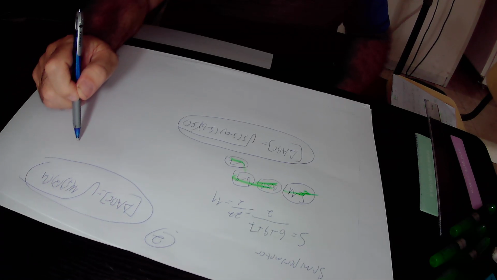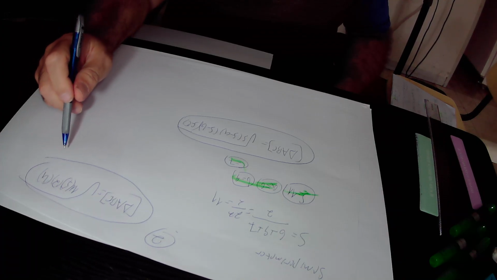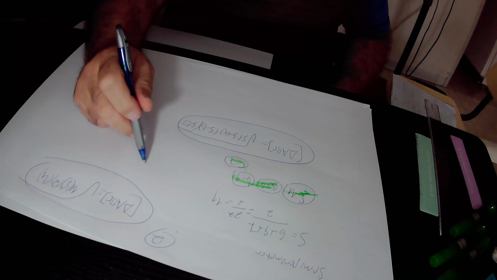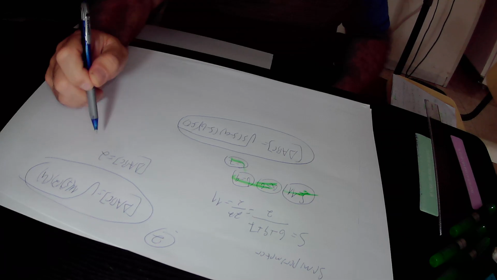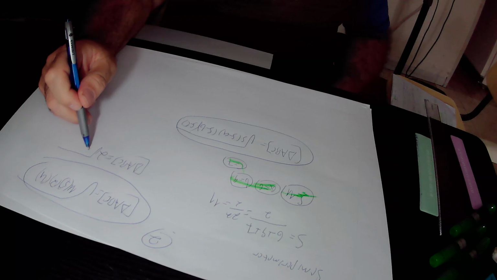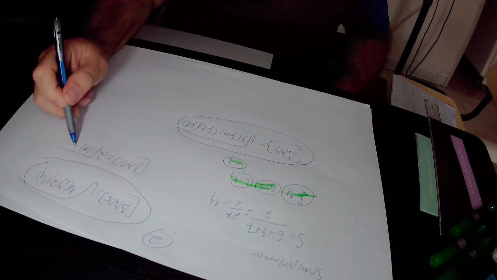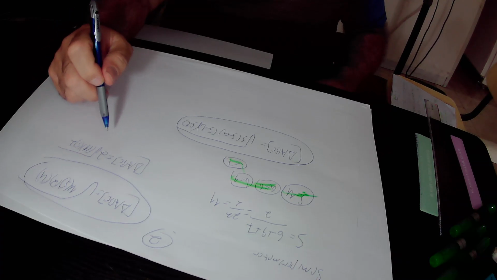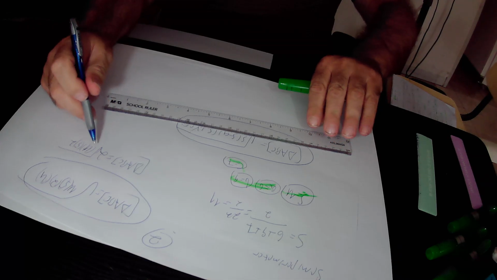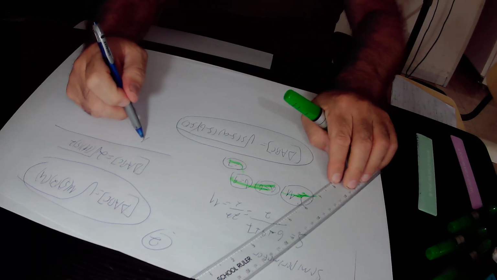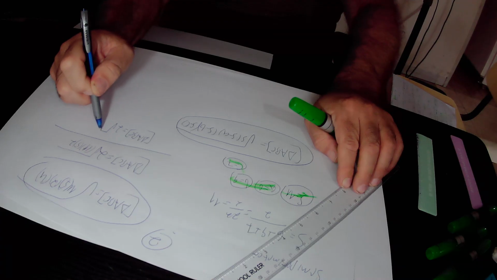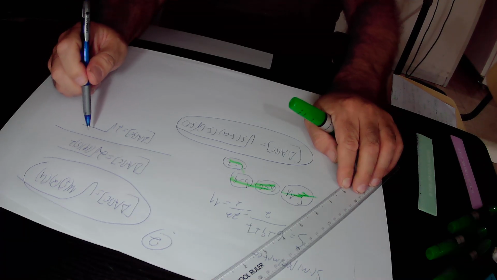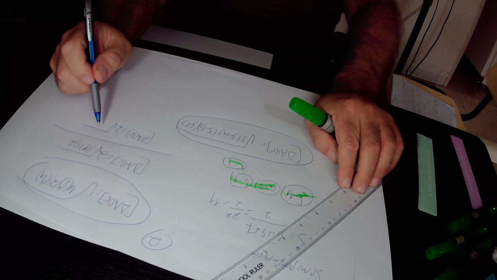So in total, the area of triangle ABC is equal to the square root of 11 times 5 times 2 times 4. Here we take 4 out of this root. The square root of 4 is 2, so the area of triangle ABC equals 2 times the square root of 11 times 5 times 2. 11 times 5 is 55, and 55 times 2 is 110.